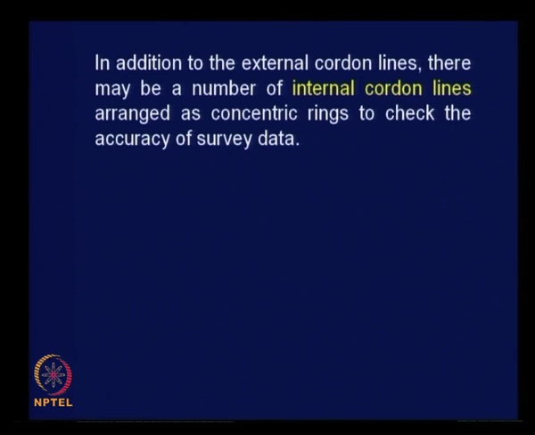So that you have 2-3 concentric rings, and it is possible for you to study the flow pattern of traffic crossing each of your rings. Okay. Wherever necessary, you can have more cordon lines also in addition to the external cordon line. The purpose is to check the accuracy of the survey data.